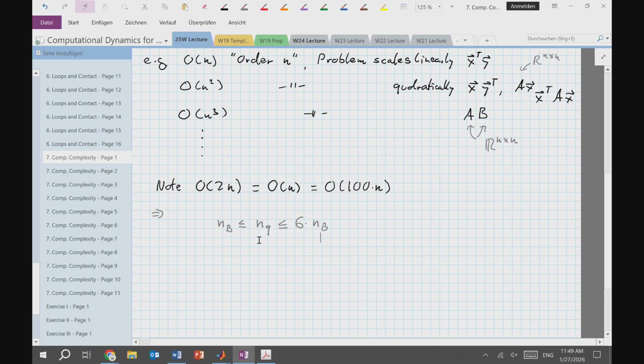Right? The problem size, when we talk about n, it can mean both, because these two quantities are limited. They're related to each other. So as a consequence, it doesn't matter if n is NQ or n is NB.